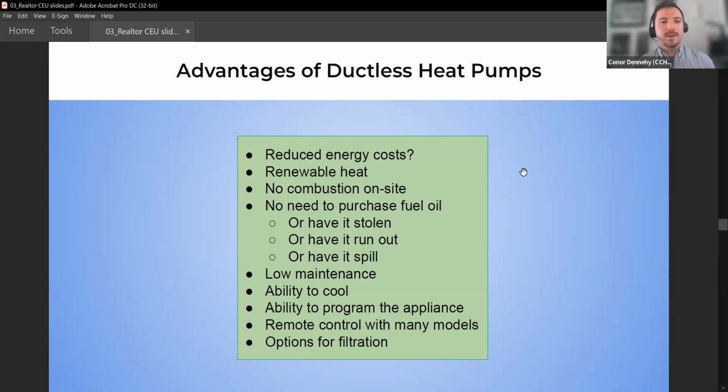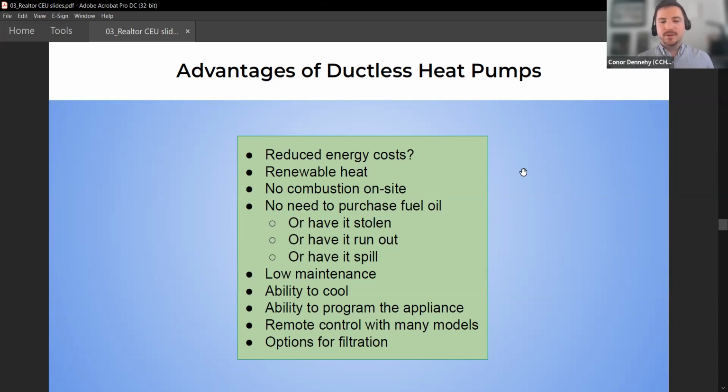Here in Fairbanks, we've got a 1.5-week period where it'd be really great to have some air conditioning. For the most part, you don't need it at all unless you're in a commercial setting. So that's one of the more intangible advantages.